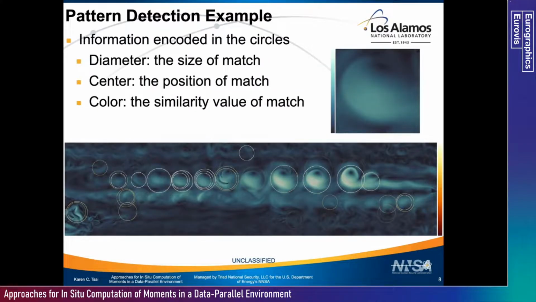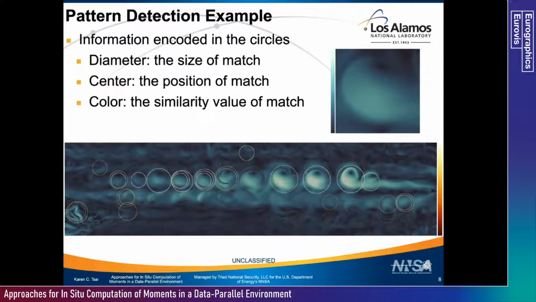Continuing off the example that was shown as part of the flowchart earlier, here again is the subset of the MPAS ocean dataset, slightly enlarged, and the upper right is the enlarged version of the image for the pattern. For ease of identifying the region of interest, we have overlaid the dataset with circles that encode the similarity information that we have gotten from running both the VTK compute moments and the VTK moment invariance algorithms.